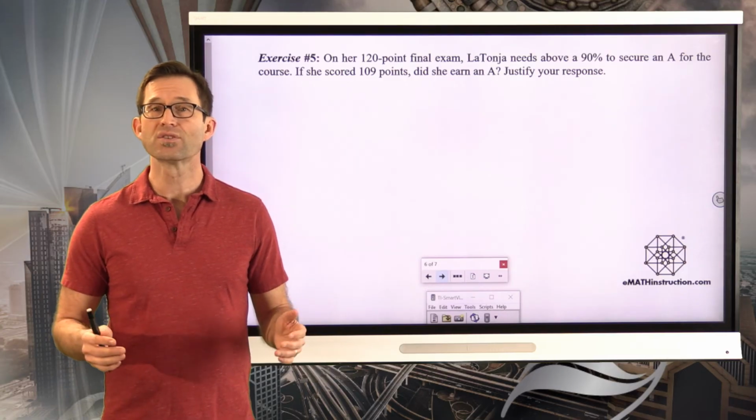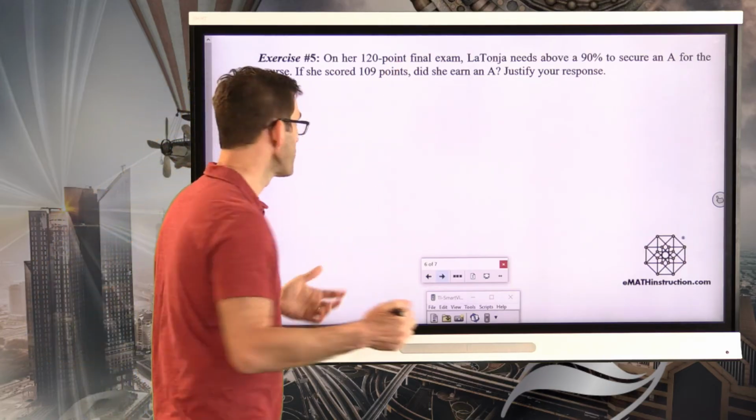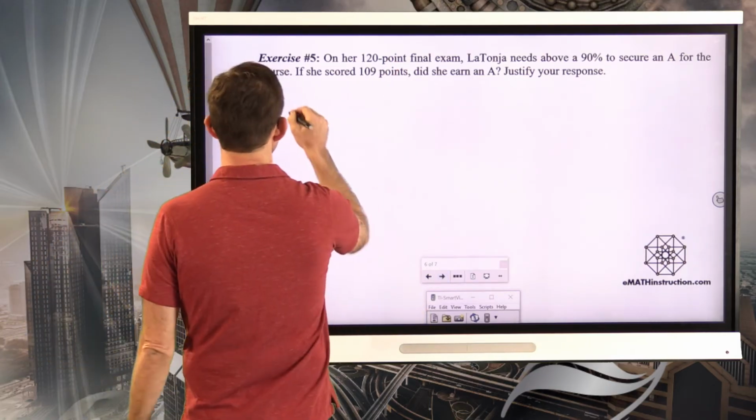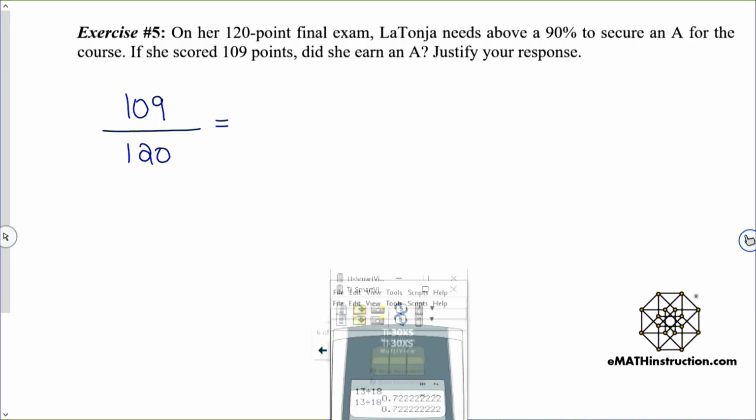All right, well, let's do it. So we've got 109 points out of 120. So the first thing I'm going to do, just like I did in the last set of problems, is set up my fraction, right? 109 over 120. All right.